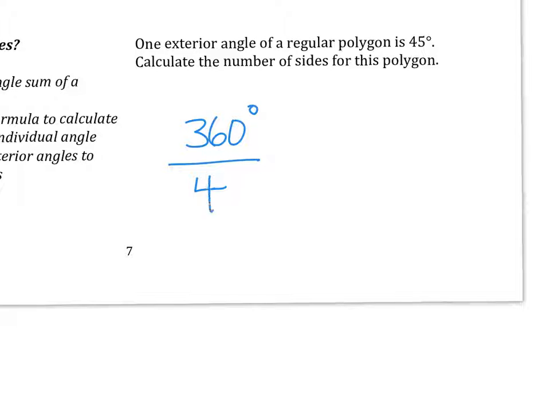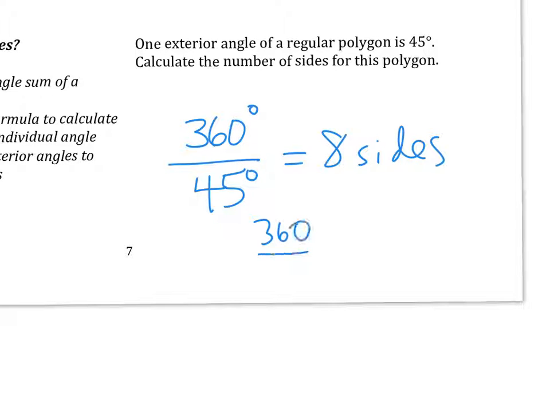If each angle is 45 degrees, he said he divided, and he got 8. So remember, 360 divided by n will give you the measure of an exterior angle. 360 divided by the exterior angle will give you n, the number of sides. So it works both ways. All right? Questions?